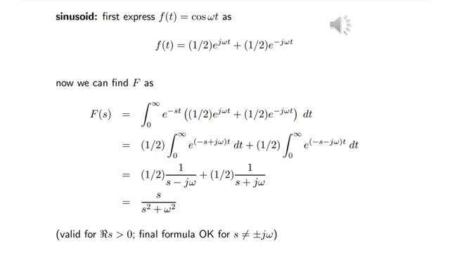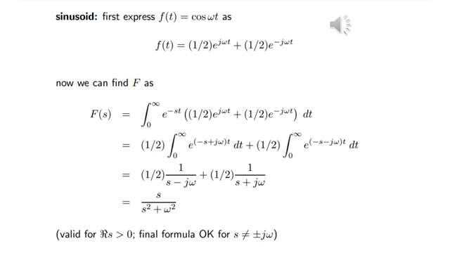So we have the first function as half of integration from 0 to infinity. Exponentials will add up, and it will be e raised to the power minus (s minus j omega) t dt, and the other half is 1 by 2 integration from 0 to infinity of e raised to power minus (s plus j omega) t dt.